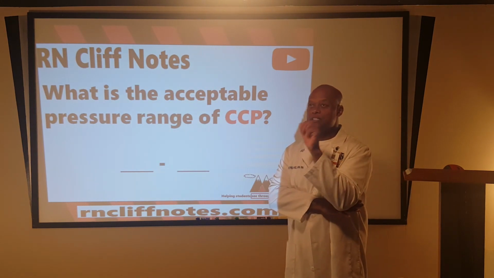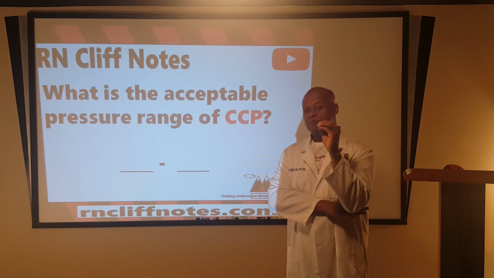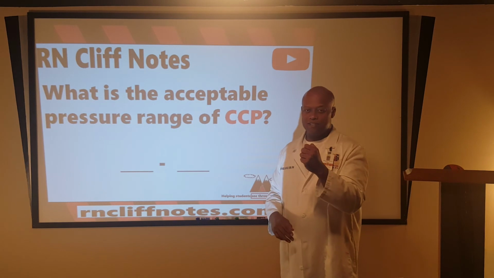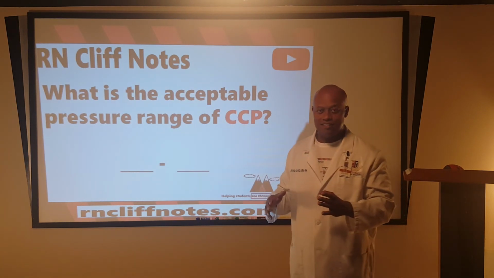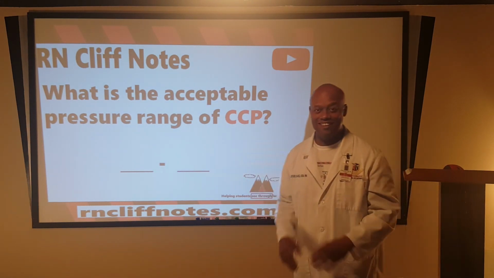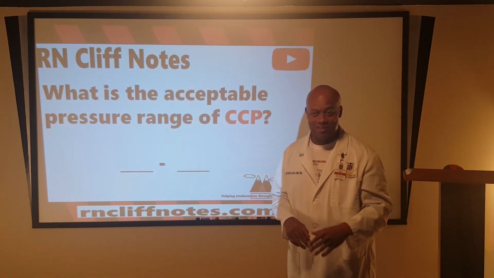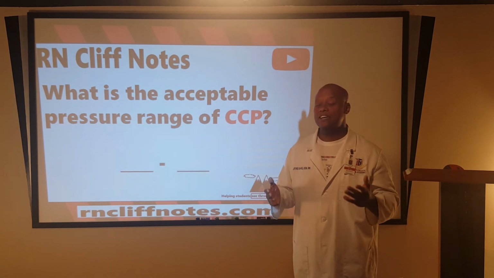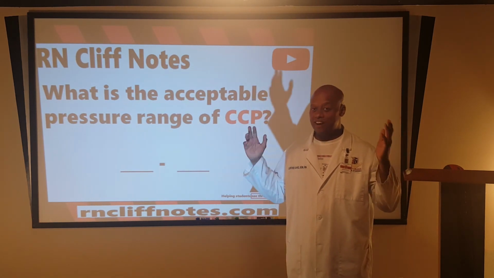What you want to do is think about the CPP in terms of grades in school, right? When you get your grades back in school, there's an acceptable range, isn't that right? Okay? At some point it's not acceptable. Below 60 is not acceptable, okay? 70 to 100. 70 to 100 is the CPP. How about that, right? Awesome.